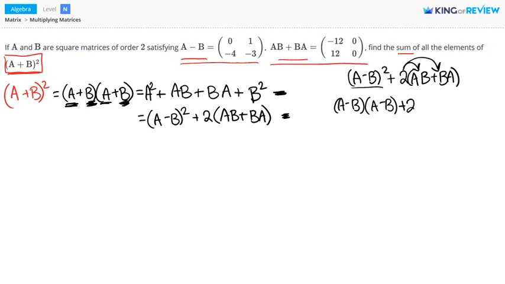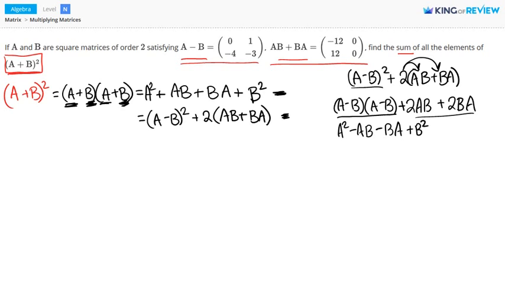This gives us plus 2ab plus 2ba. Now we'll FOIL this portion. So we have a squared minus ab minus ba plus b squared. And then we still have this portion to bring down, plus 2ab plus 2ba. Now let's combine like terms.